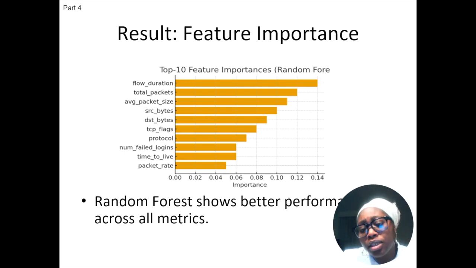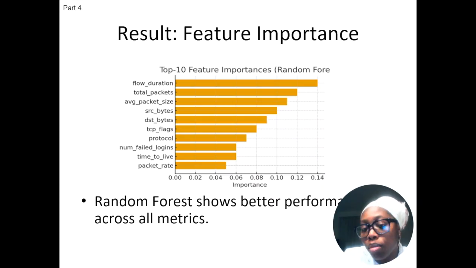Since random forest is the better of these two models, we decided to check which features aid it in having this high accuracy. We discovered that features like flow duration, total packet, average packet size, up until the packet rate helped in the prediction.